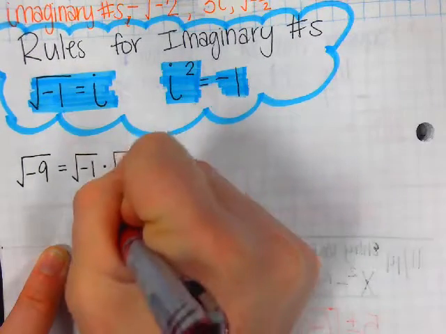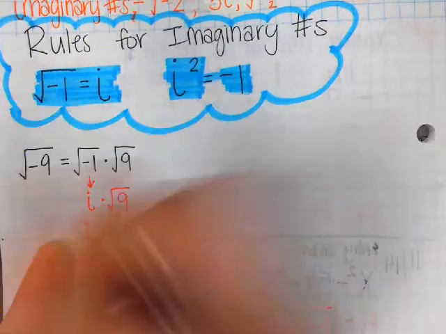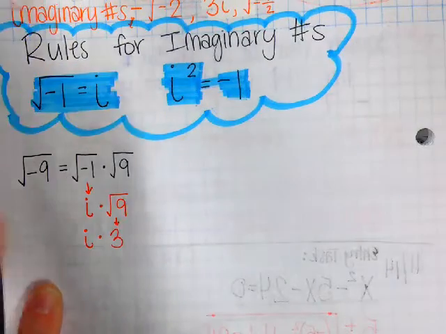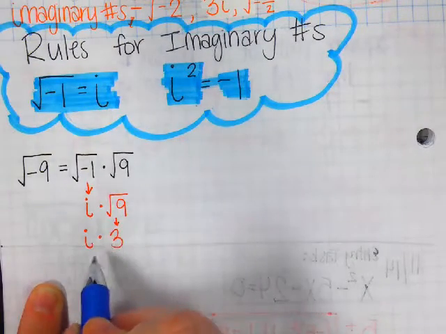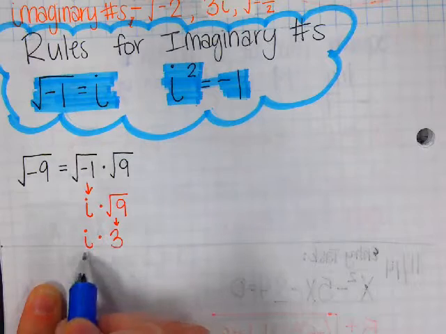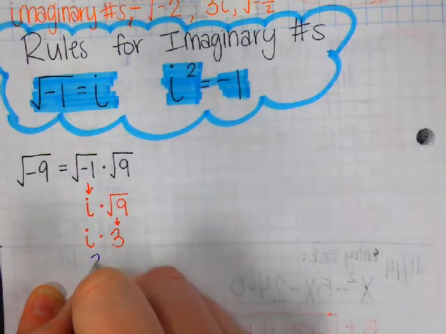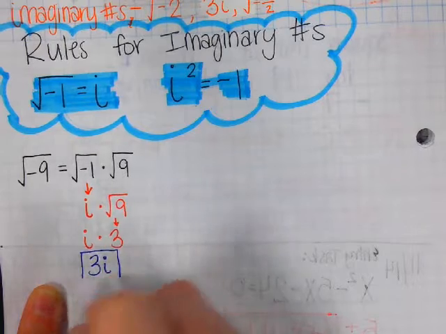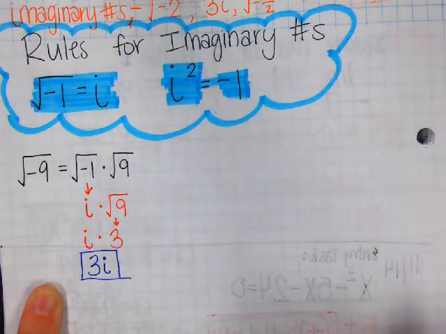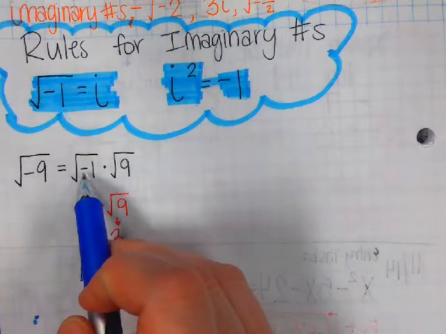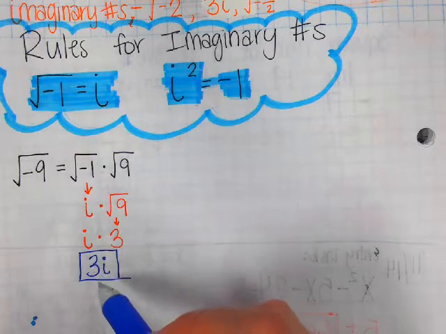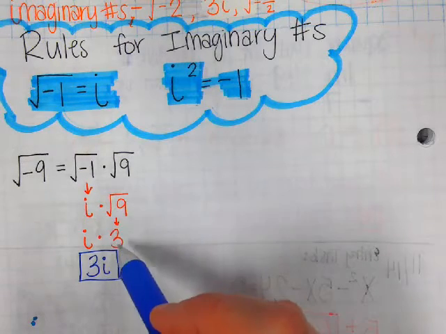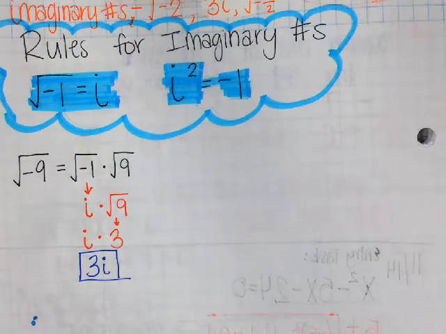So it'd be i times 3. And just like a variable, you always want to write the number first and then the letter, so you would write it as 3i. That's all you have to do: change the square root of -1 to i, and then change the square root of 9 to a 3.